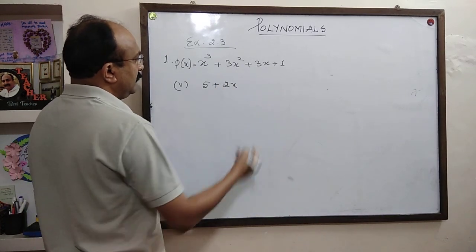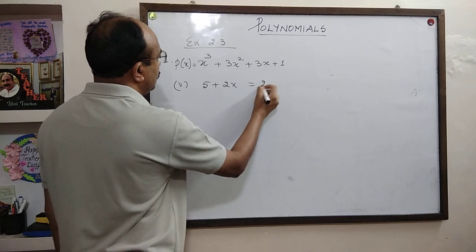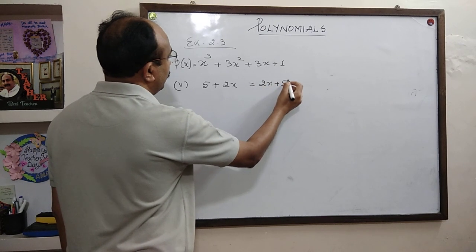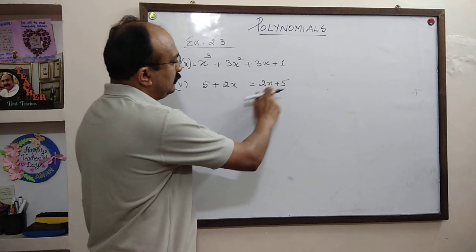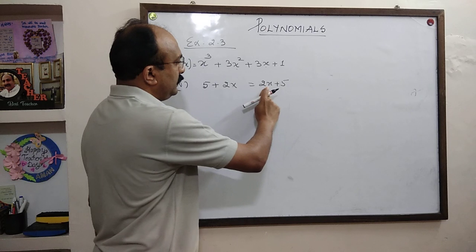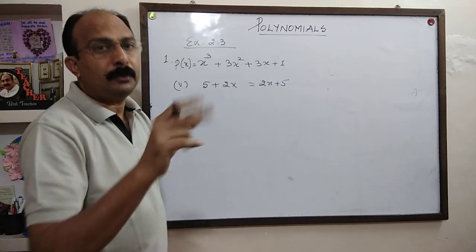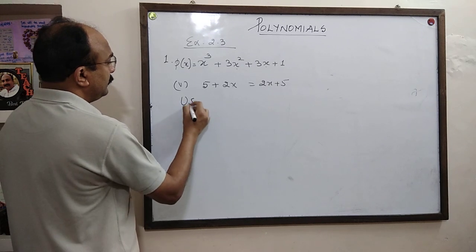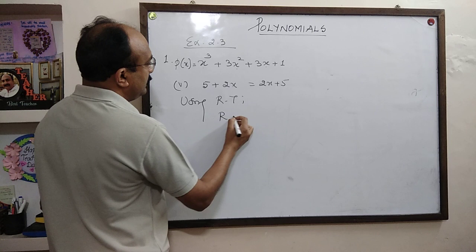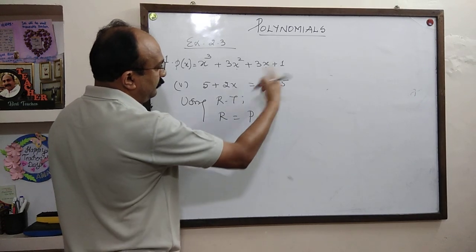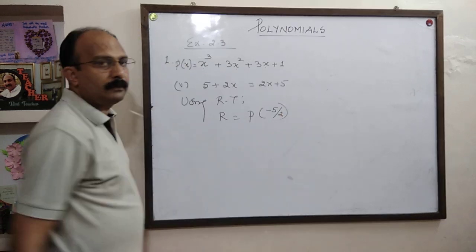It is given in a different order. 5 plus 2x can be written as 2x plus 5. Now, what is the value of a here? 2x plus 5 equal to 0, 2x equal to minus 5, x equal to minus 5 upon 2. So, using remainder theorem, remainder is equal to p of minus 5 upon 2.